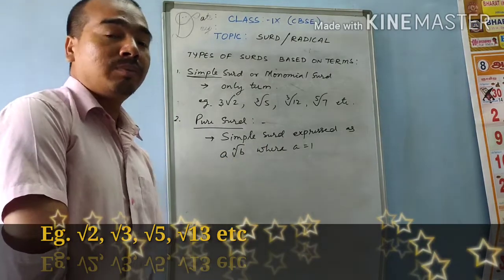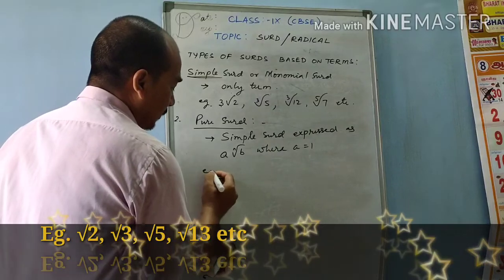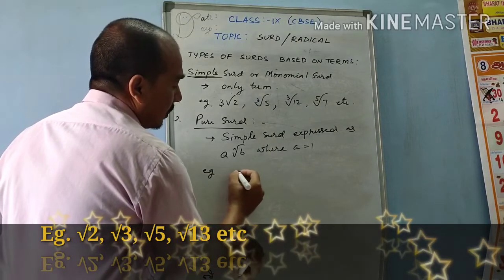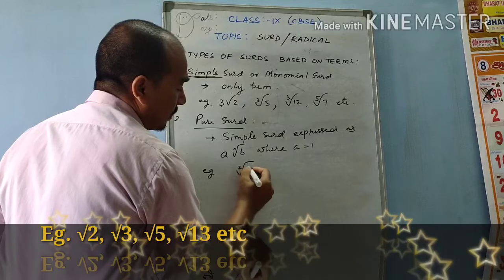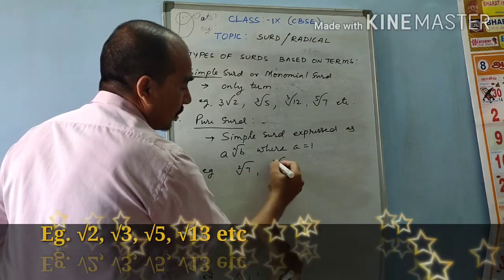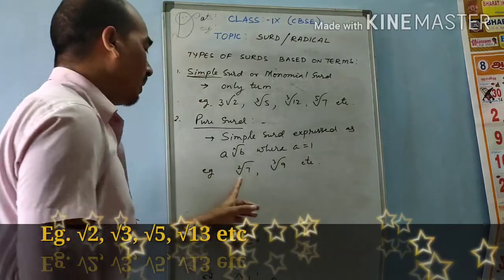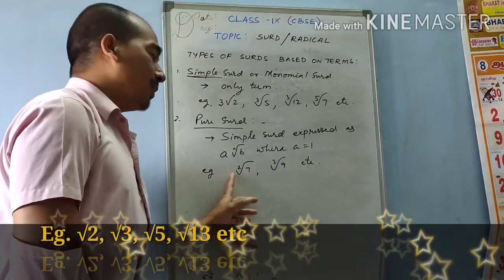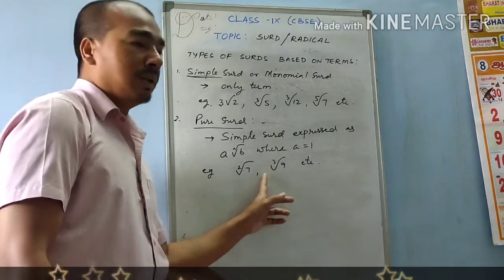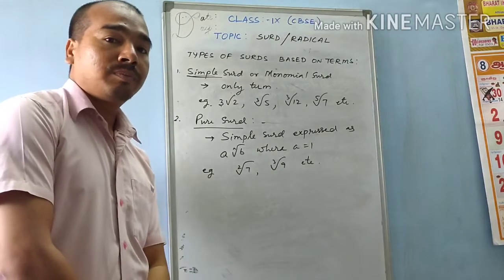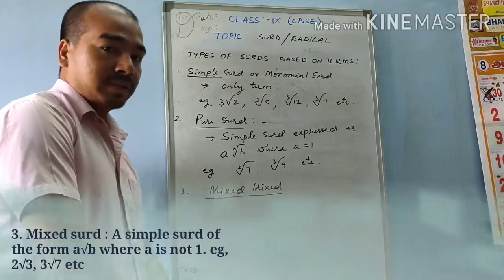That time, what do you call? Pure surd. For example, square root of 7, cube root of 9, etc. Here, before this root, the coefficient is 1. Here also 1. This type of number is a pure surd.